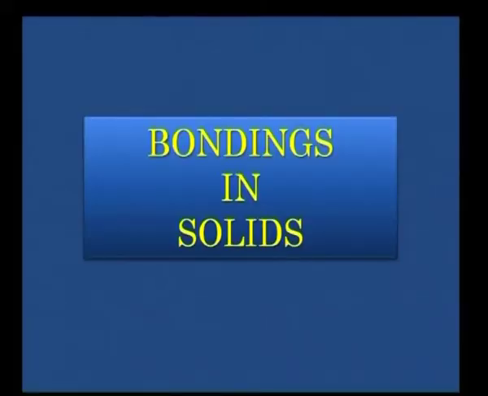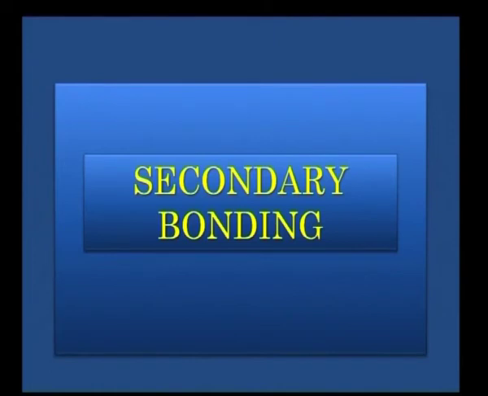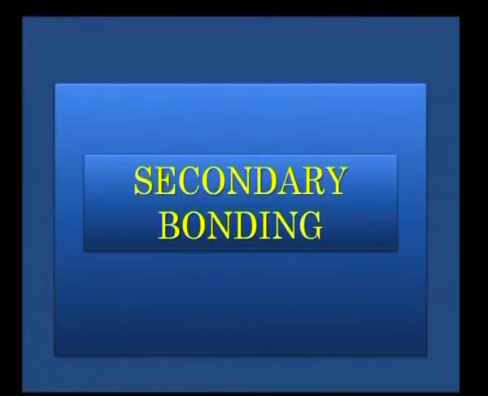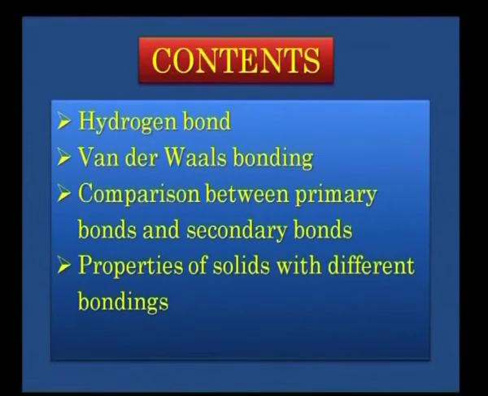And in the section on bondings in solids, we will go through secondary bonding, that forms lecture number 8, and the contents of the lecture are as follows. We will talk about the hydrogen bond, van der Waals bonding, comparison between the primary bonds and secondary bonds, and properties of solids with different bondings.